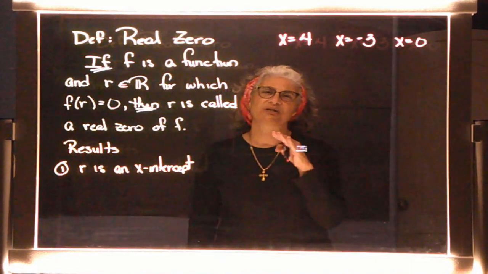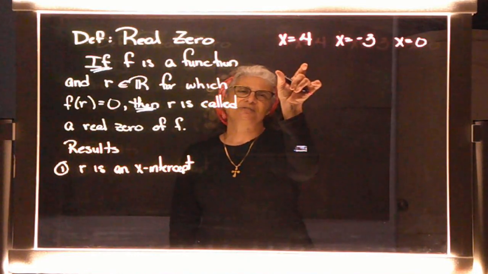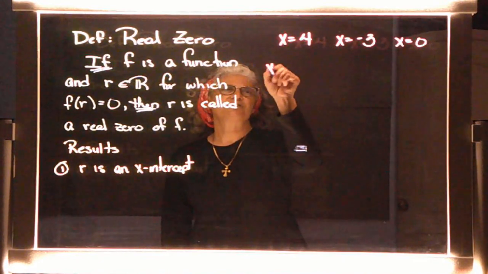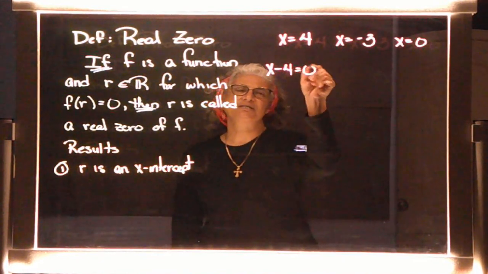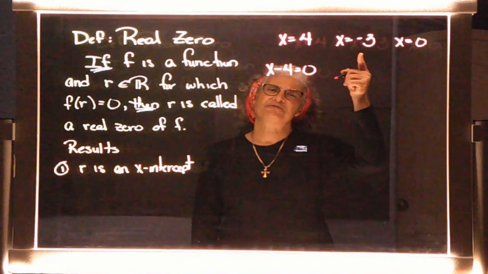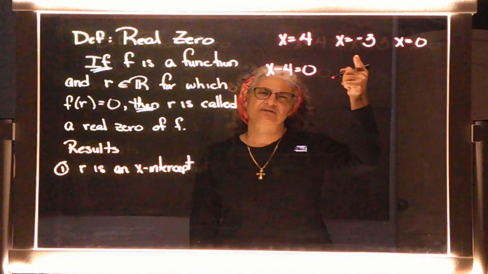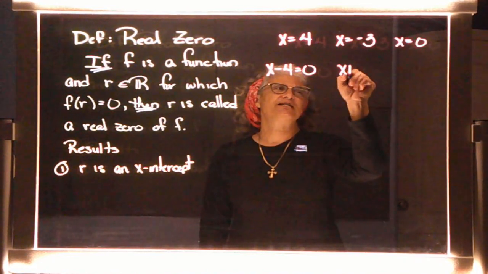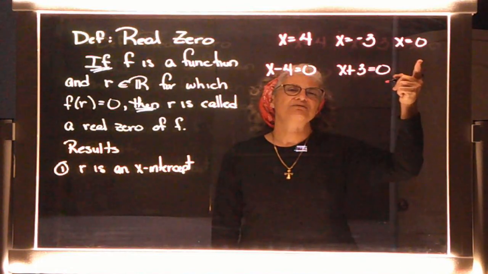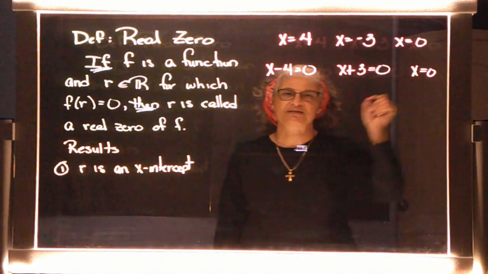X equals 4. What was the equation that was right before it that you said, oh, well, of course x equals 4? Yeah, wouldn't the equation have been x minus 4 equaling 0? Right? And if x equaled negative 3, well, what was the equation that gave you that result? Yeah, that would have been x plus 3 equaled 0, wouldn't it? And this one, well, that's just x, isn't it? That's just an x equals 0 still.